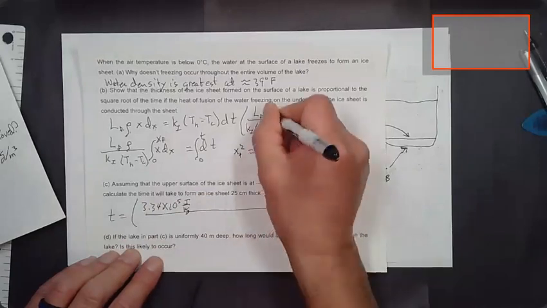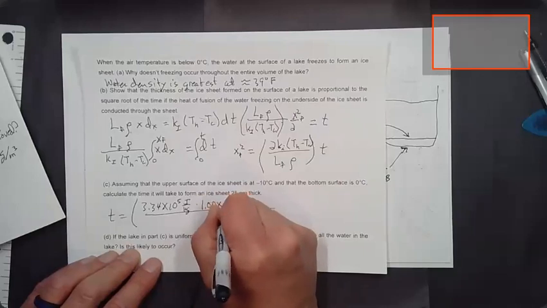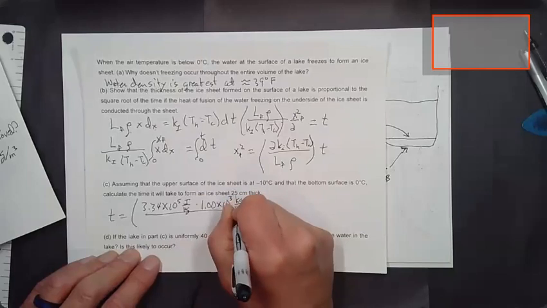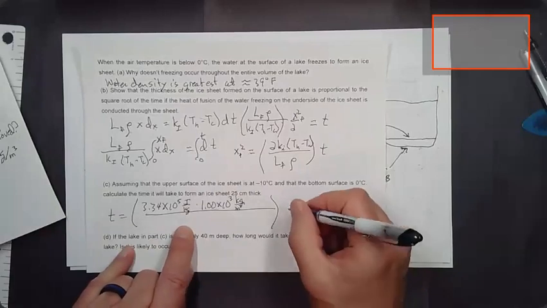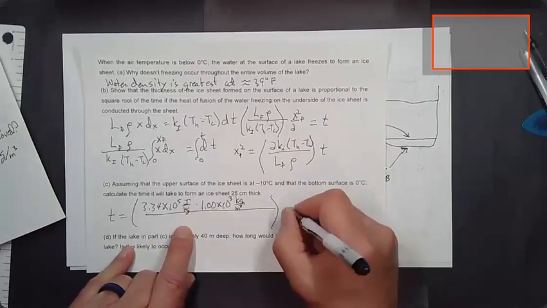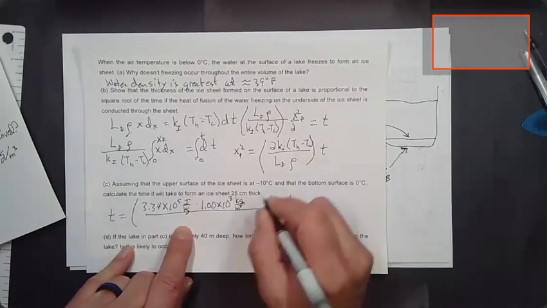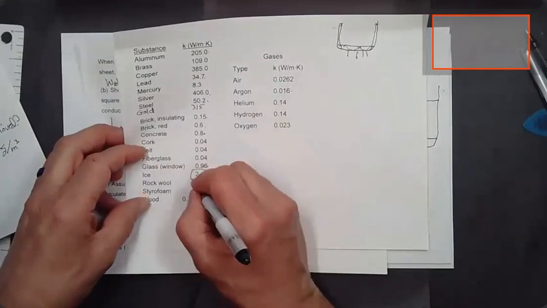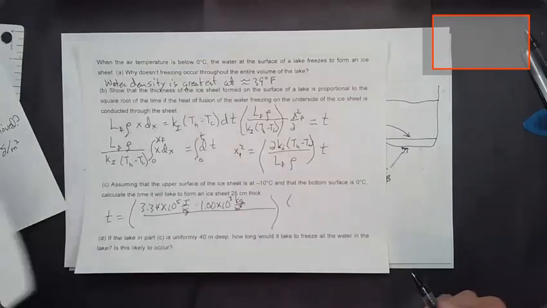The density of water in there, 1.00 times 10 to the 3rd kilograms per meter cubed. And so I should keep track of what kind of units I have over here. Oh, K sub I, the thermal conductivity of ice, which is 2.18 watts per meter Kelvin.